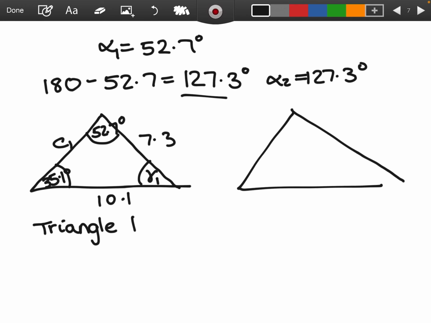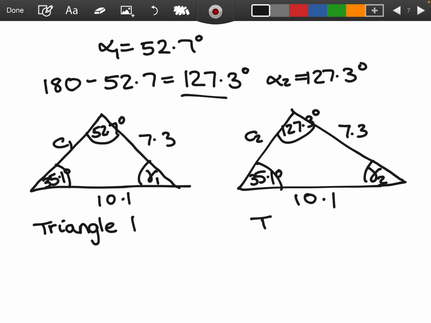My second possible triangle is where I have 35.1 degrees down here, I have 127.3 degrees up here. I need gamma 2 and I need C2. Okay, so there are two possible triangles. So now you go ahead and solve for gamma 1 and gamma 2 exactly the way that you normally would. You'll add your two angles that you've already got together and subtract it from 180 and that will give you gamma 1.